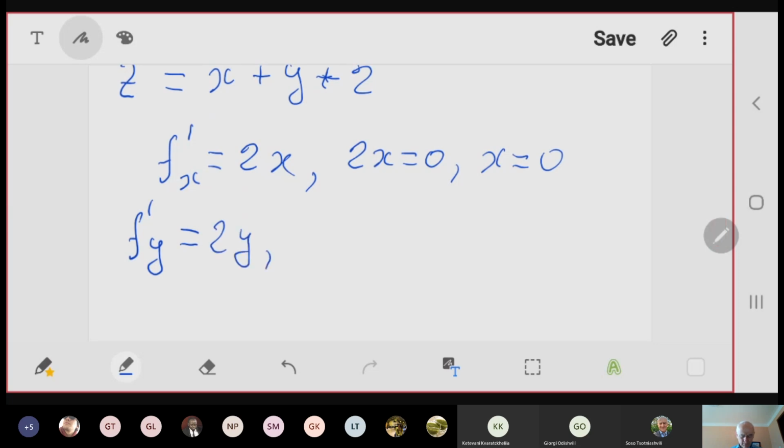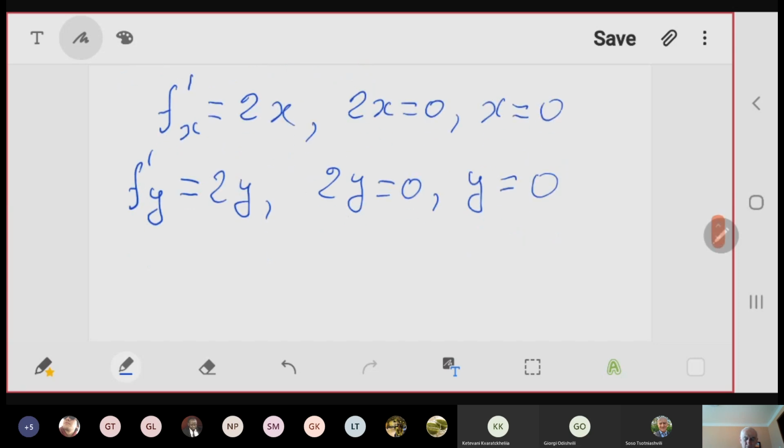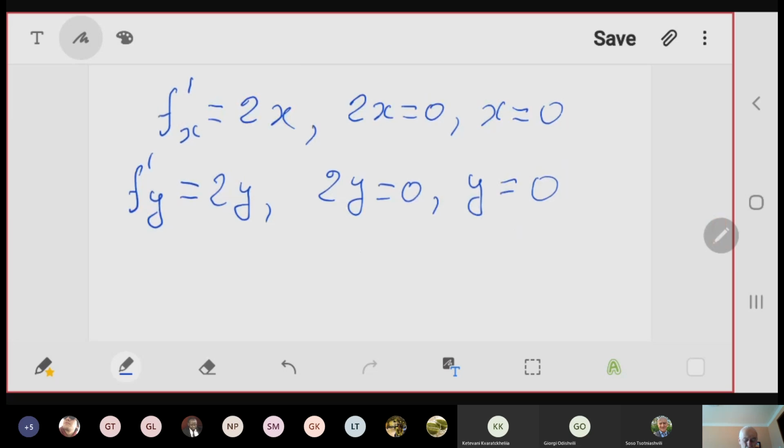And we do it in the same way, 2y equals 0 and y equals 0. Okay, so that was the first step. What have we now found? We have just found a critical point. We found that the point (0, 0) is a critical point.